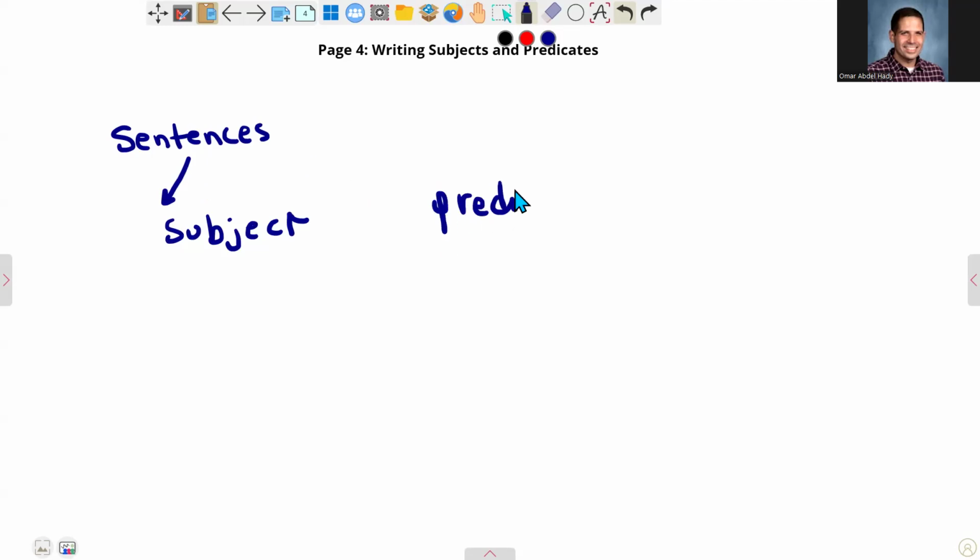Okay? These are the two parts that make up a sentence. And these two help create meaning. What do I mean by that? Well, the subject tells you who or what the sentence is about.